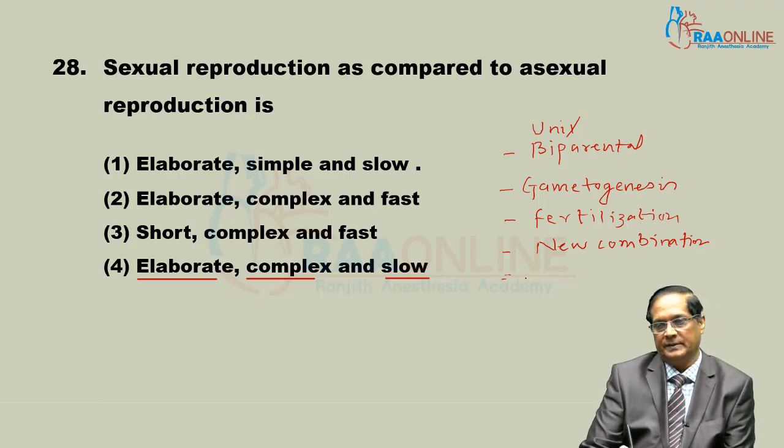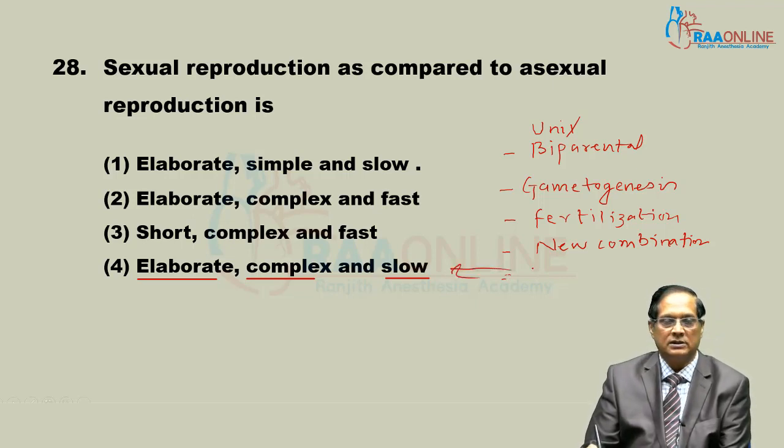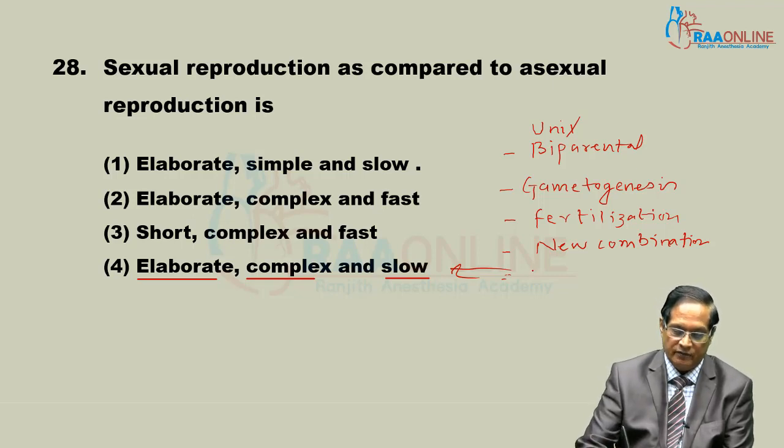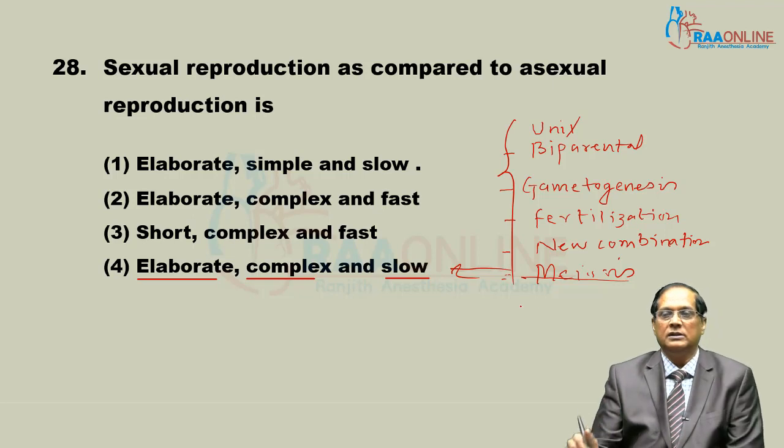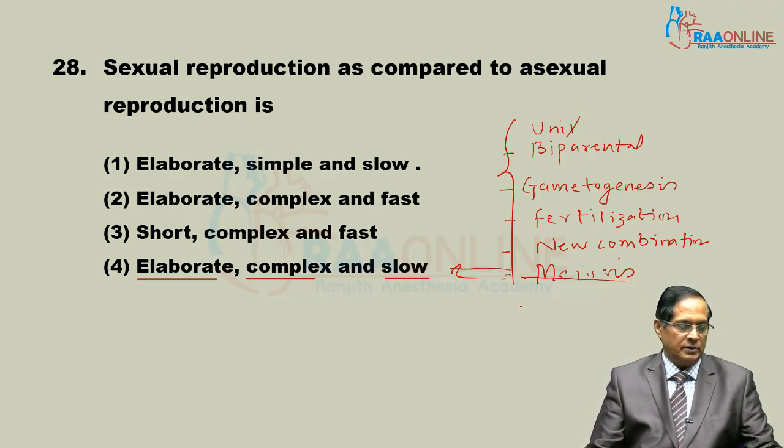Finally, it is an elaborate, complex and slower method of reproduction. And one thing more, meiosis takes place during sexual reproduction. These are a few points of sexual reproduction.